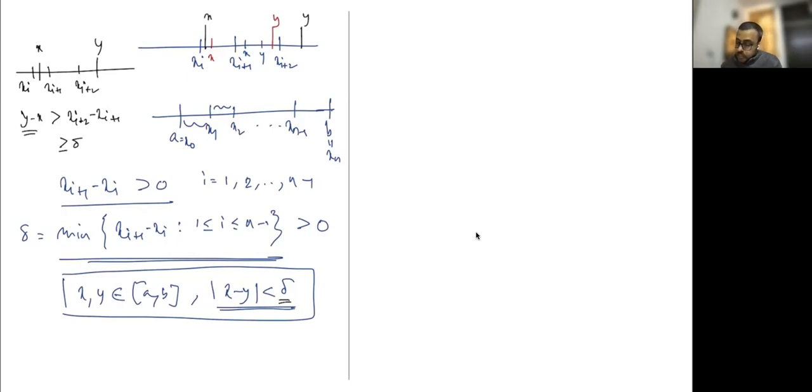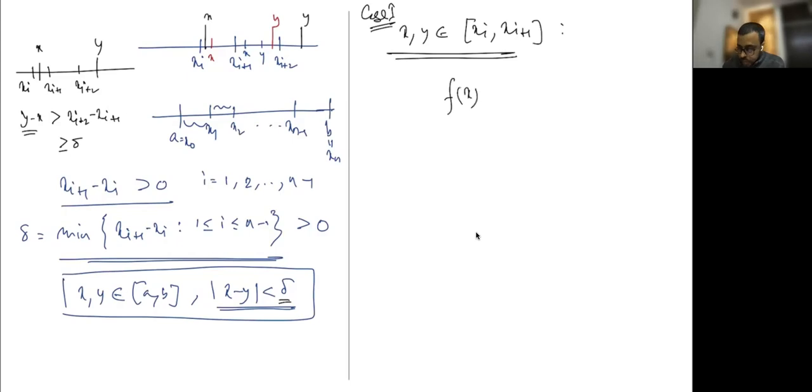Okay. So one possibility is that x and y both belong to the same subinterval. In this case, the small span theorem itself immediately tells you that this is less than epsilon by 2, and hence less than epsilon.